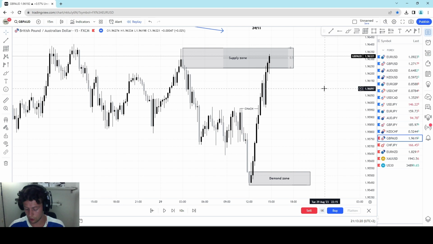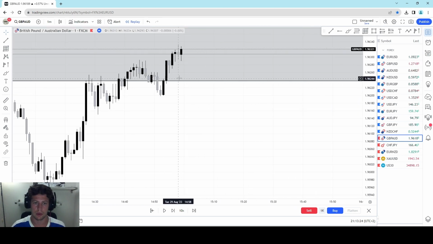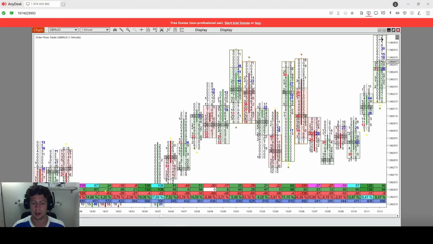So we are going on the 1-minute time frame. It's in the 50%. Now we have a bullish candle. Look at the time, 14:59. Now we are going on the footprint chart. I have the footprint chart on the second computer, so I hope it won't be disturbing.